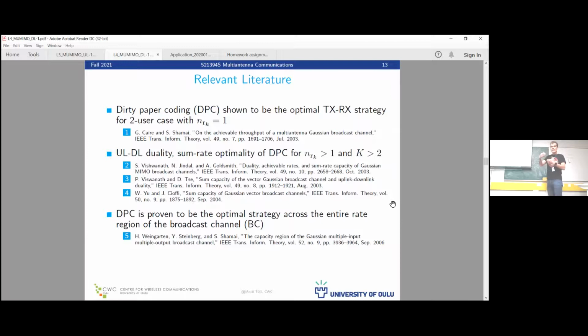It was not yet proven that this is actually the optimal strategy, but that was also proven later on. This guy talks about the sum capacity of the vector channel, only the sum capacity. First they were only able to show the sum rate optimality. Only this guy went on to mention the capacity region.